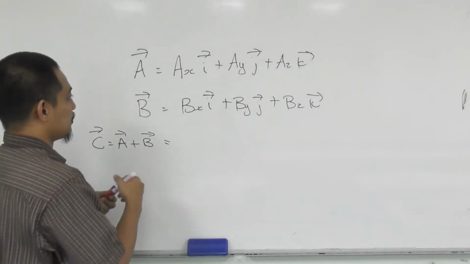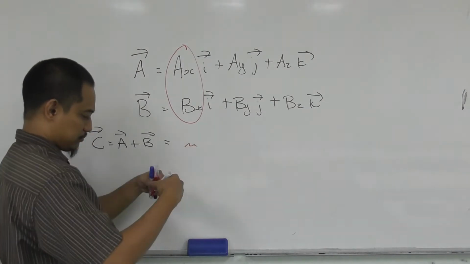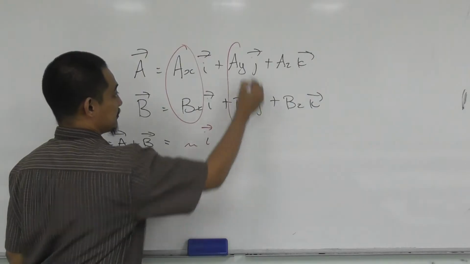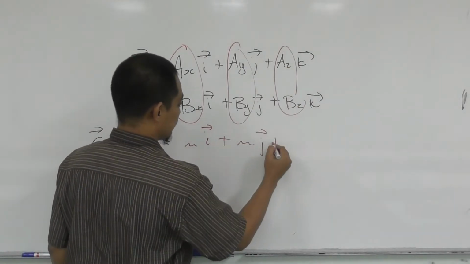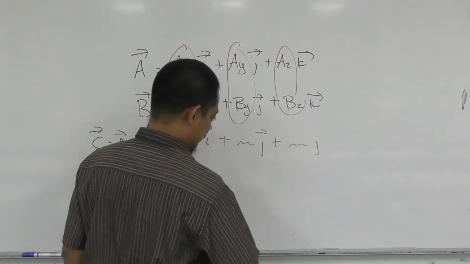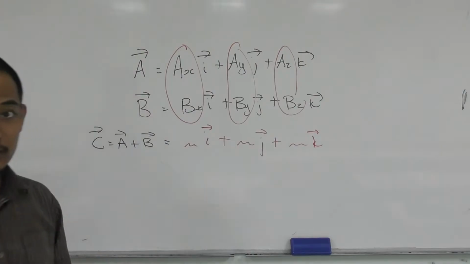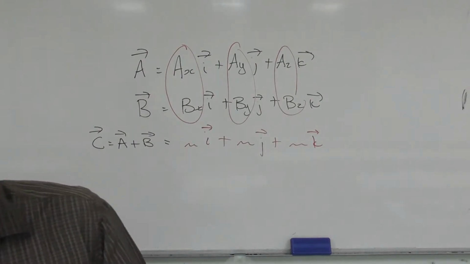So whatever you add here becomes the i, whatever you add here becomes the j, whatever you add here becomes the k. Right, so that's how far we have covered before.